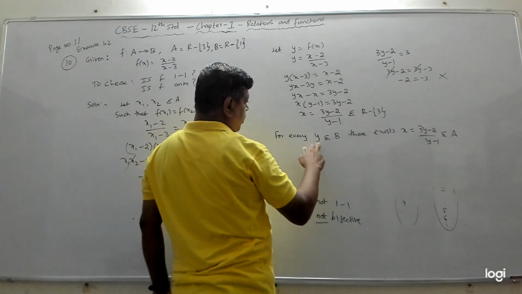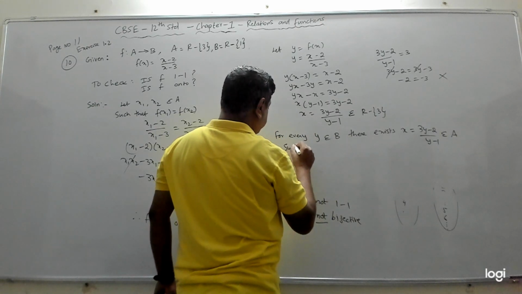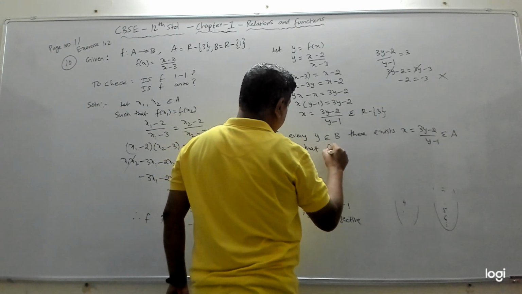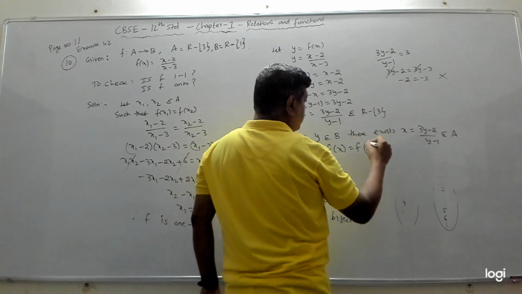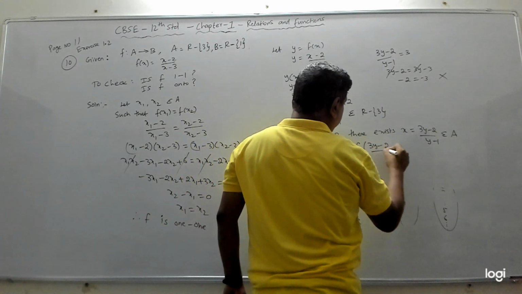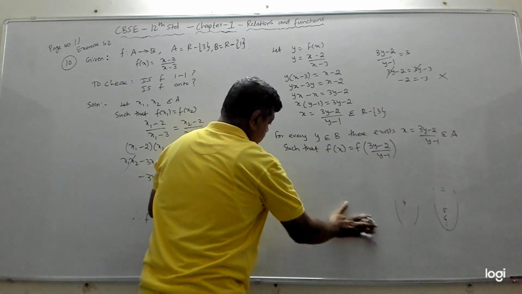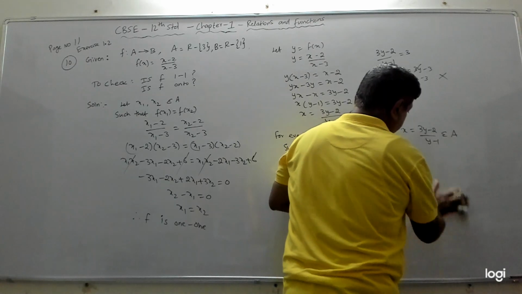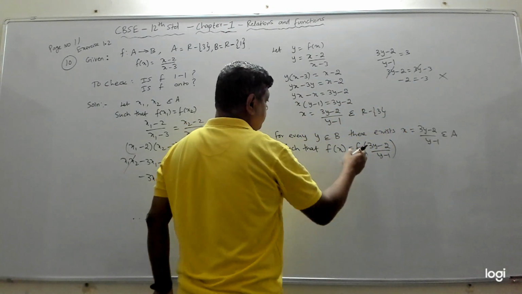So, for every y belonging to B, there exists x equal to this, such that now we have to find what is f of x. Such that f of x is equal to 3y minus 2 by y minus 1. So, what is f of this?